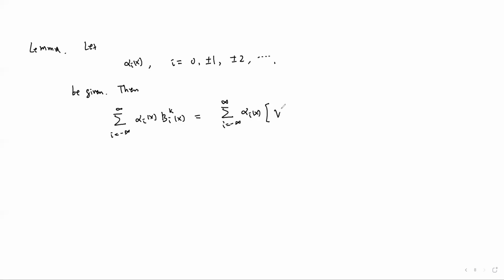This is V_{i,k}(x) B_{i,k-1}(x) and so on.